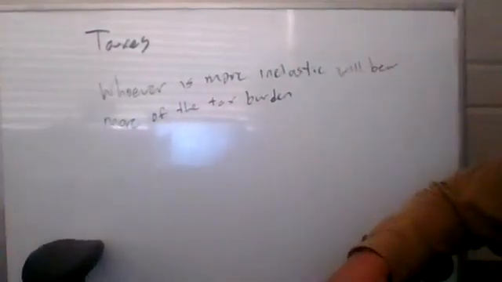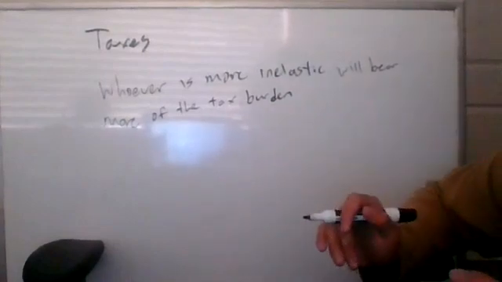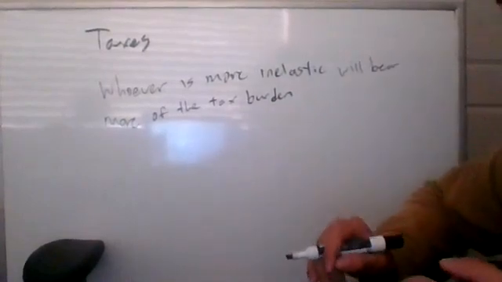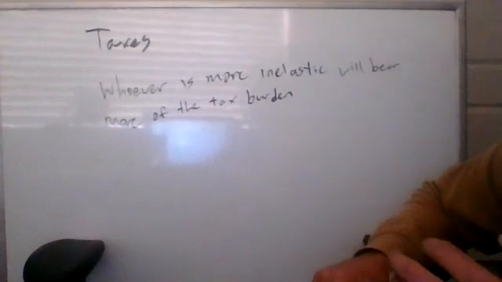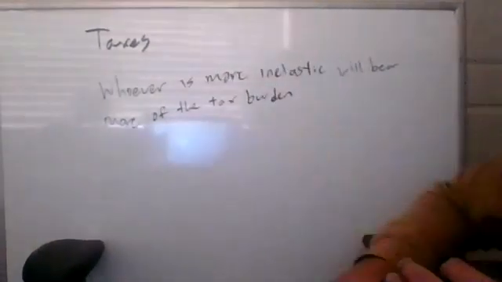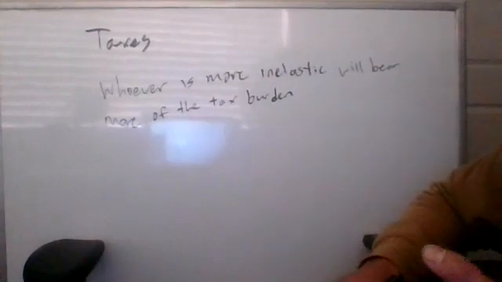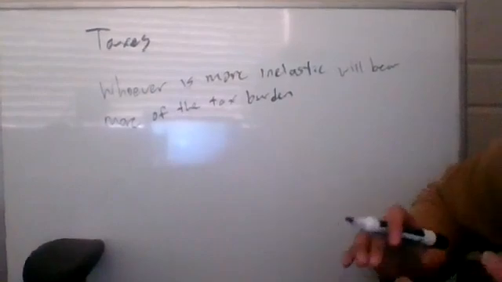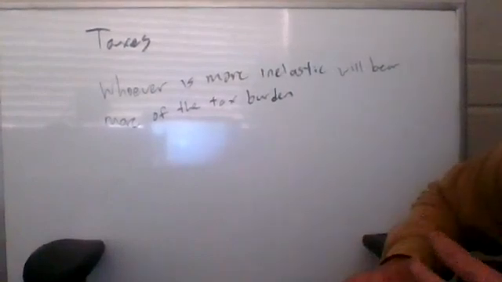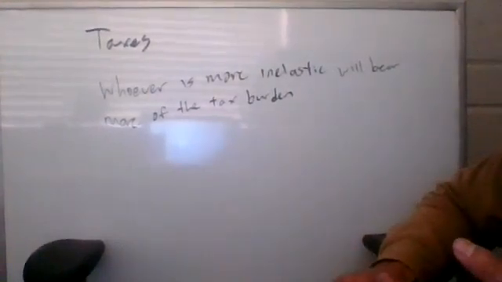And so you can kind of understand why this is true, right? People who are inelastic don't change their quantity a lot with changes in price, which means that they're still going to consume roughly the same amount, even if they have to pay a tax, right? But because they're consuming a very similar amount and the price is higher, they're getting screwed more than someone who is more elastic, right?